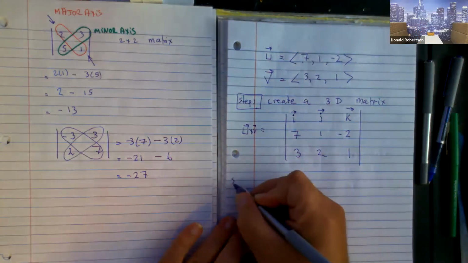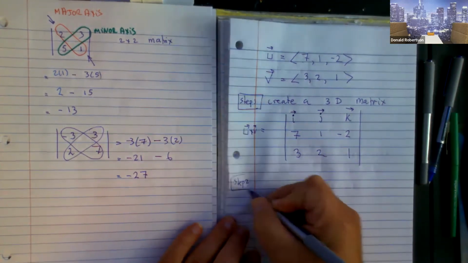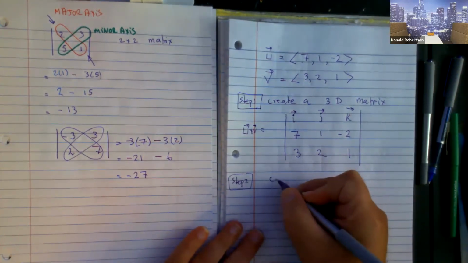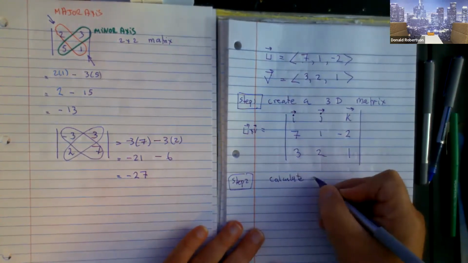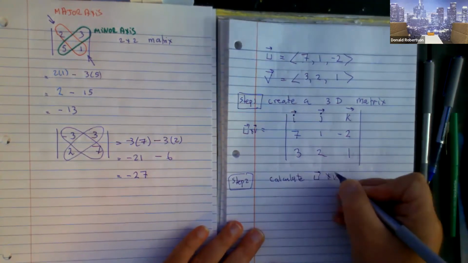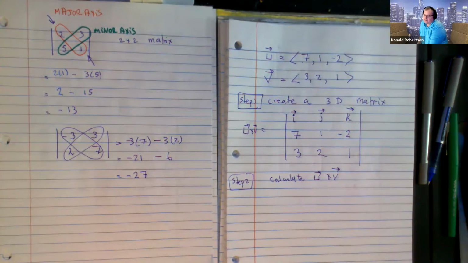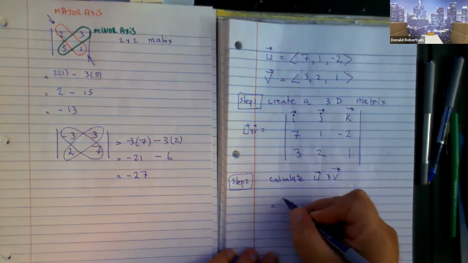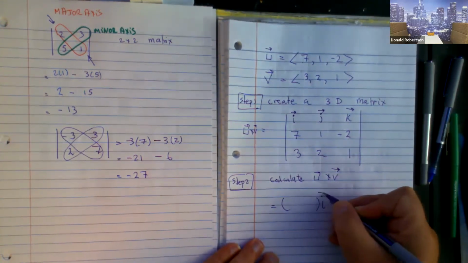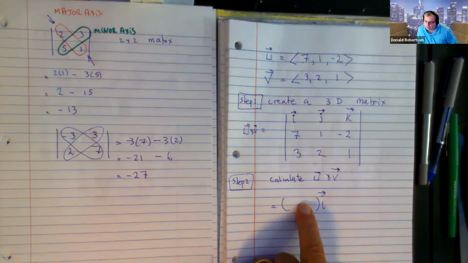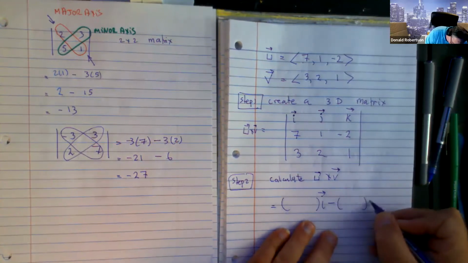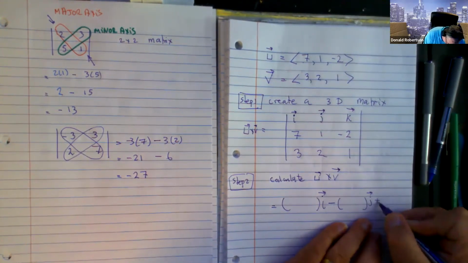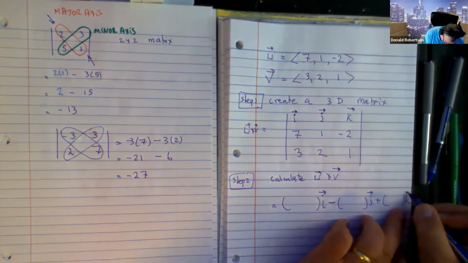Step two is basically, get the answer. We're now going to calculate what U cross V is equal to. This is a bit weird, but you just follow it. The answer is going to be some number of i's, then you're going to subtract so many j's, and then you're going to add so many k's.